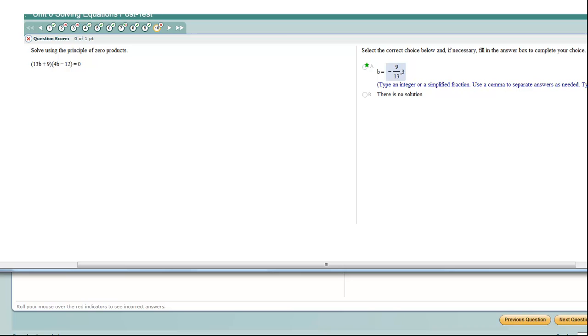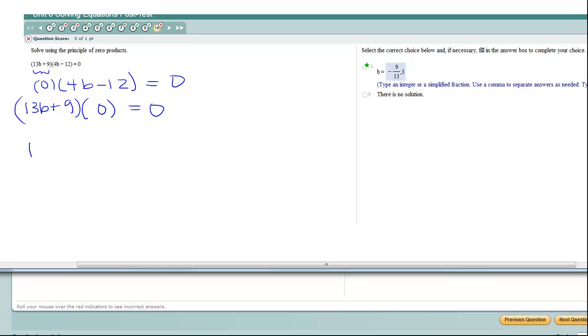What that tells us is that if this 13b plus 9 is equal to 0, then this statement is true, because it doesn't matter what this is. 0 times this whole thing is going to give us 0. Or the other way around, if we have 13b plus 9 in parentheses, and the other one is equal to 0, the entire thing will still equal 0.